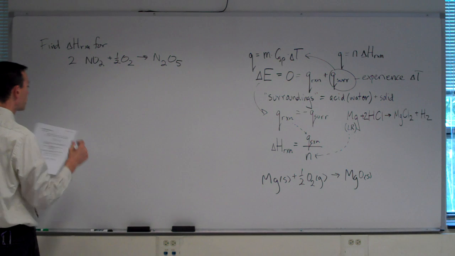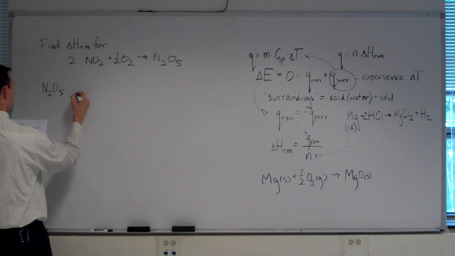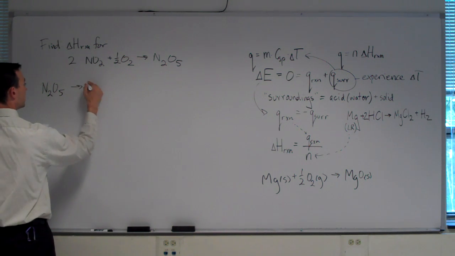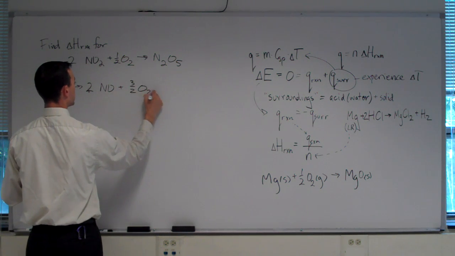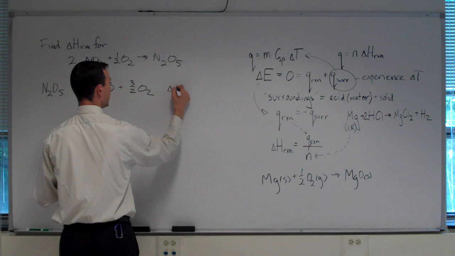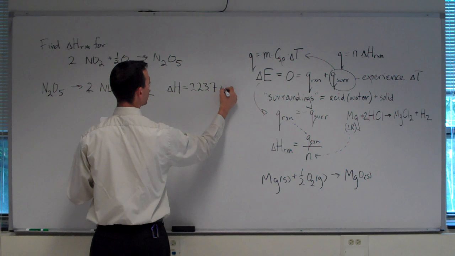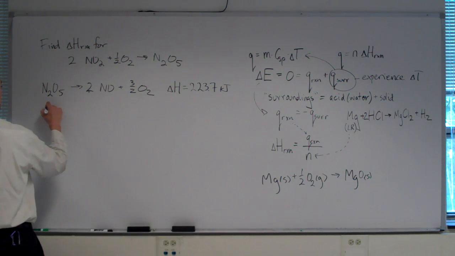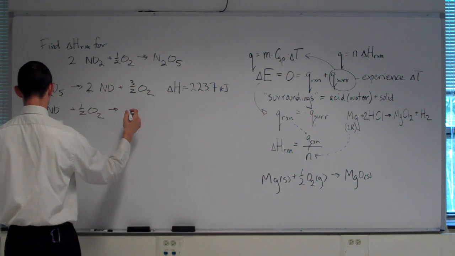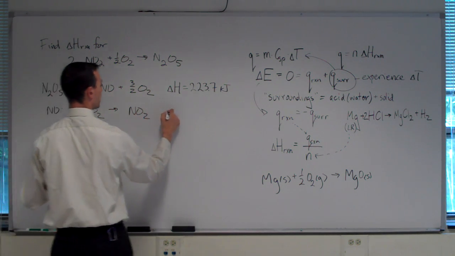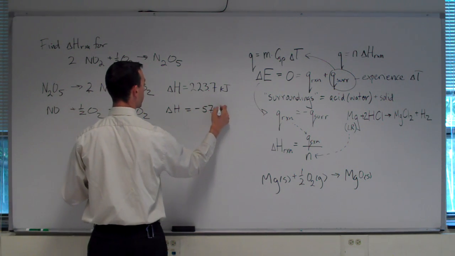You're given two other reactions and their associated enthalpy changes. N2O5 decomposes to 2 nitrogen monoxides and 3/2 oxygen. That has a delta H of positive 223.7 kilojoules. And nitrogen monoxide plus half a mole of oxygen produces nitrogen dioxide. This has a delta H of negative 57.1.